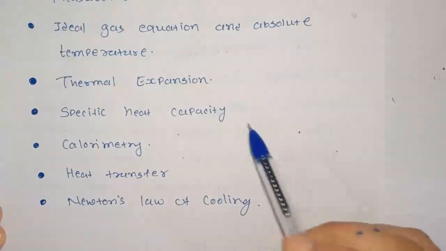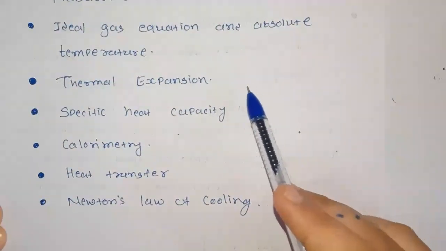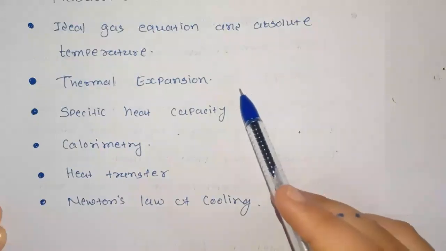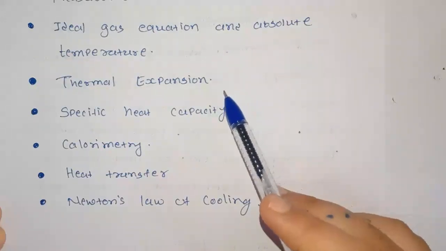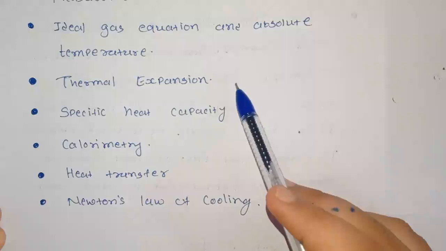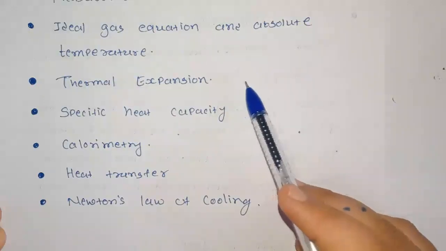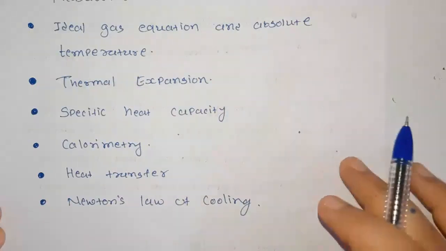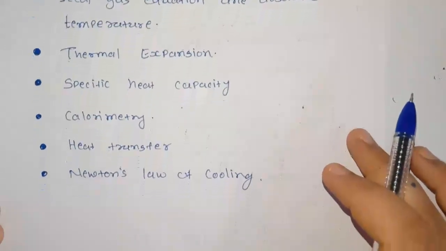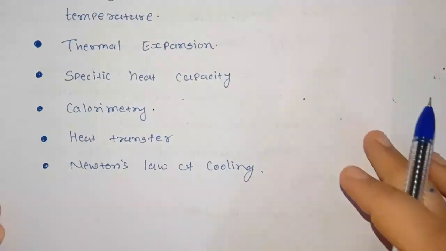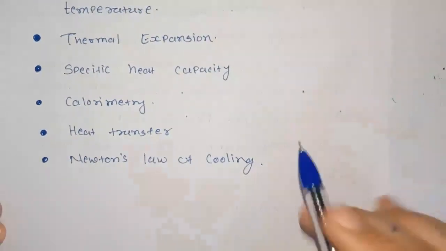Then we will see the thermal expansion, that is expansion in any material due to the change in temperature. That will include the linear expansion, superficial expansion and volumetric expansion. Then we will see the specific heat capacity, triple point of water.